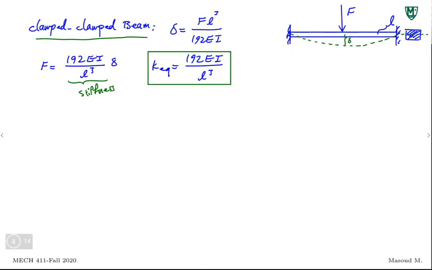This means that if I have a clamped beam and the force is applied exactly at the center, or initial conditions are given at the center, I push it or I have an impact on the beam and the beam starts oscillating, which happens a lot in different structures, this can be modeled as a spring with the equivalent stiffness of 192 EI over L^3.